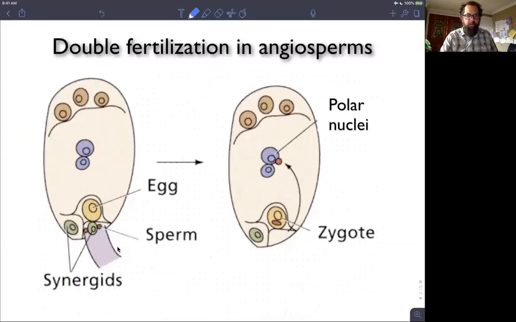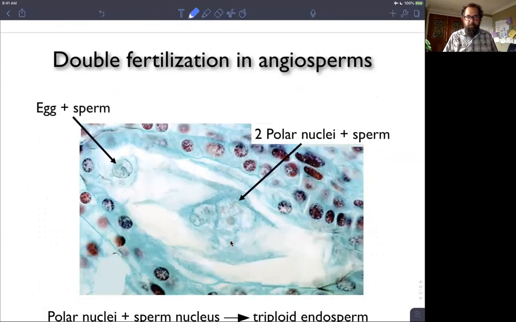One of those sperm nuclei is going to fuse with the egg to form the zygote. And the second sperm nucleus is then going to fuse with these two polar nuclei to create the triploid endosperm.